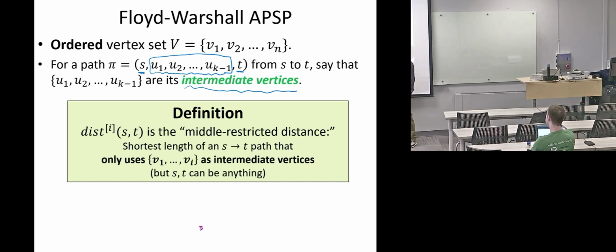It denotes the shortest length of an S-T path such that the inner vertices can only be from the first I nodes. It might not use all of them, but it cannot use the I plus 1 node, and so on.